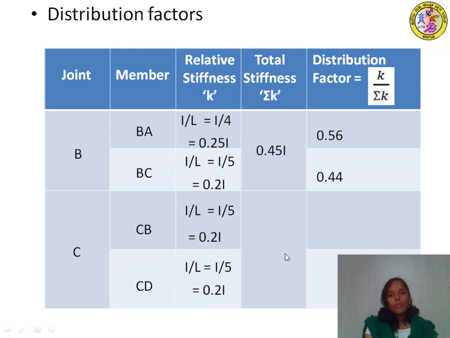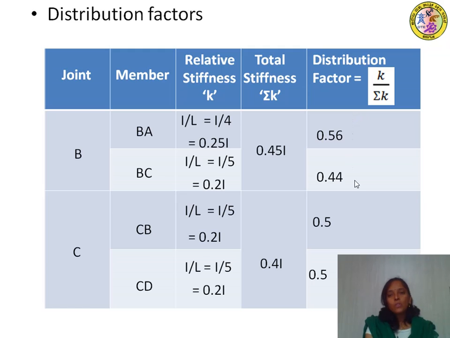So the total stiffness at joint C will be equal to the stiffness of member CB plus stiffness of member CD. That will be equal to 0.4 I. The distribution factor is the ratio of relative stiffness of member CB to total stiffness. That will be equal to 0.5. And then relative stiffness for member CD to total stiffness will give the distribution factor for member CD.